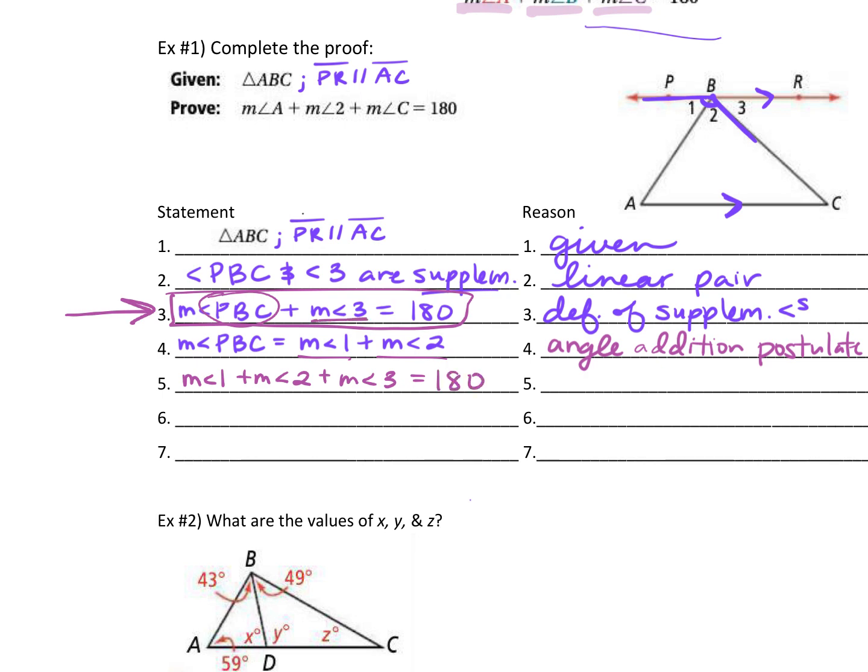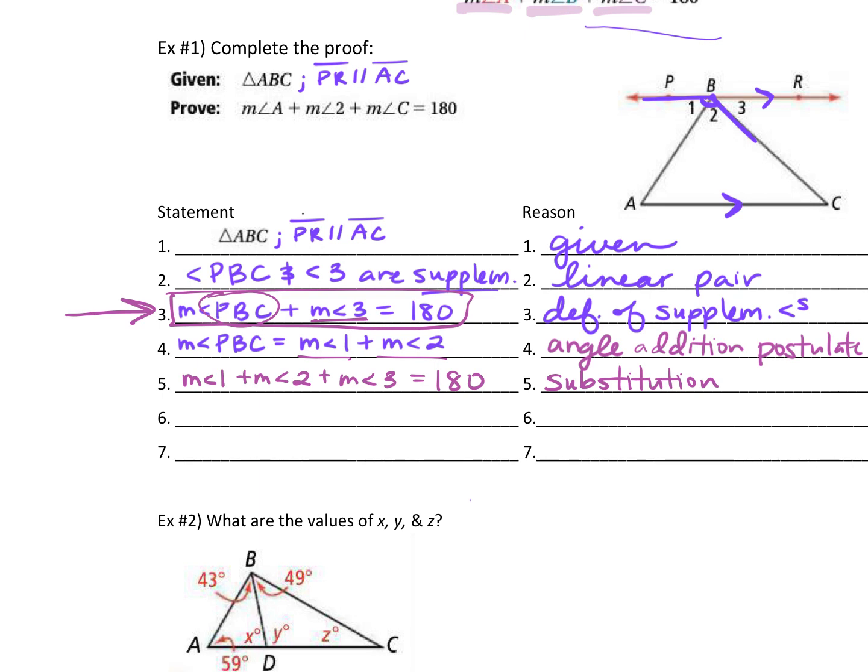What did I do? I put 1 and 2 in. Substitution. I substituted. PBC is 1 and 2 together. So I put 1 and 2 in place of my PBC. So that's just substitution. Okay, so now it says the measure of angle 1 plus the measure of angle 2 plus the measure of angle 3 equals 180.